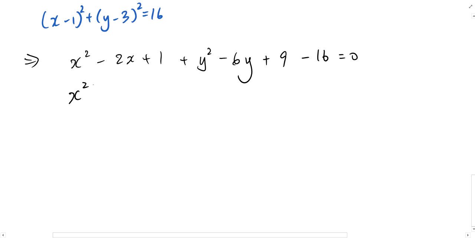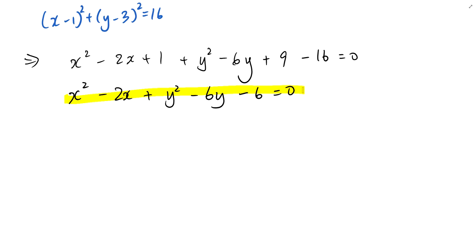Okay, x squared minus 2x plus y squared minus 6y plus 10 minus 16 is negative 6 equals 0. Okay so far? Can you recognize that this is the equation of a circle? Can recognize or not? Not easy, right?